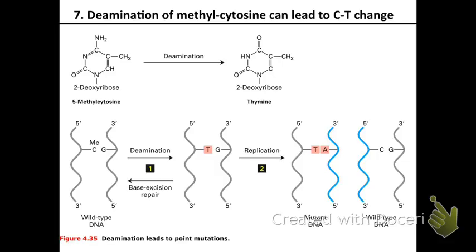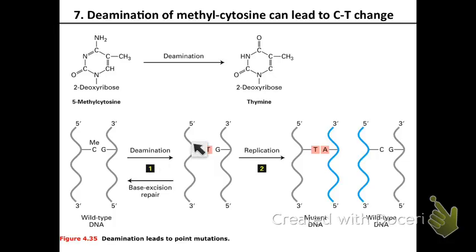So if you have 5-methylcytosine in the genome and it gets deaminated, you generate a thymine. In a normal double-stranded DNA molecule, you usually have the C against the G. If this is methylated and goes through deamination, it creates a thymine against the G. If this gets repaired back to the original form, no problem.